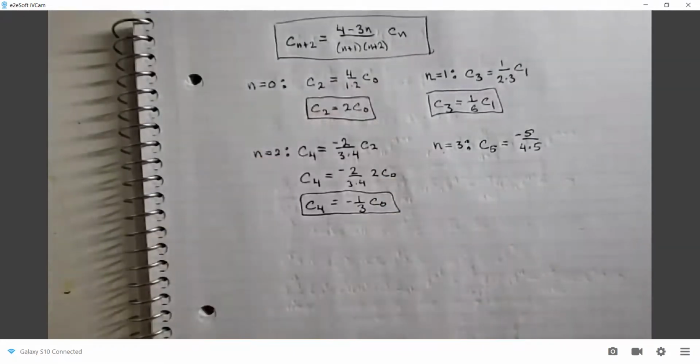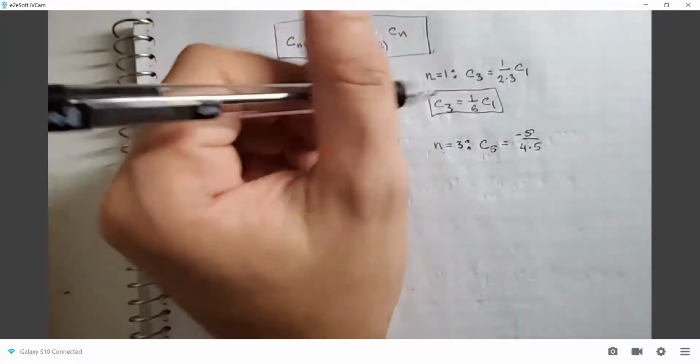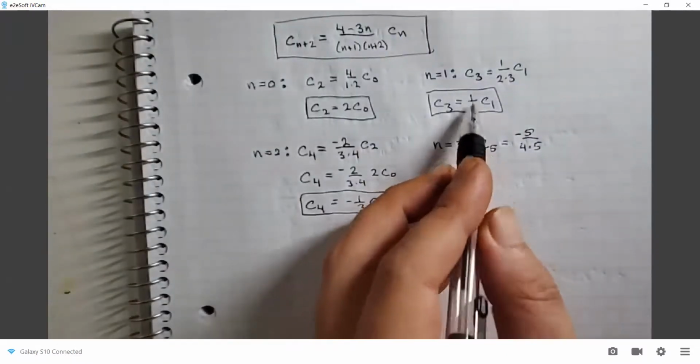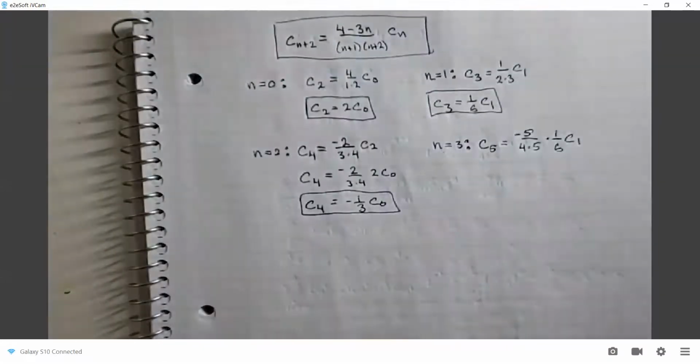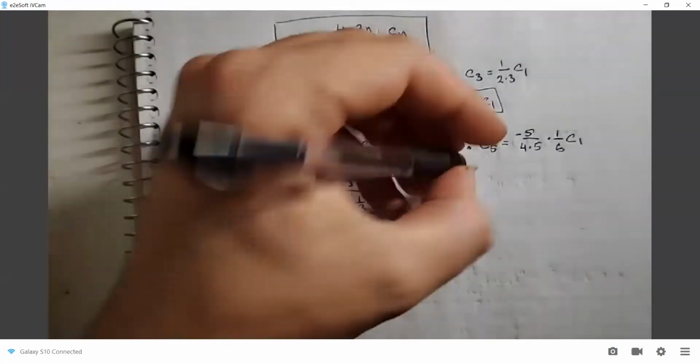And then times c sub 3. The c sub 3 was just 1/6 c1, so times 1/6 c1. And then what is that? -1 over 24. So c5 equals -1 over 24 c1.